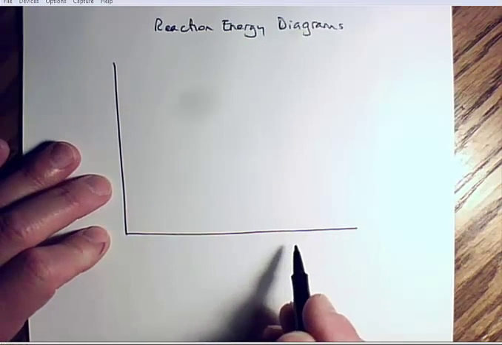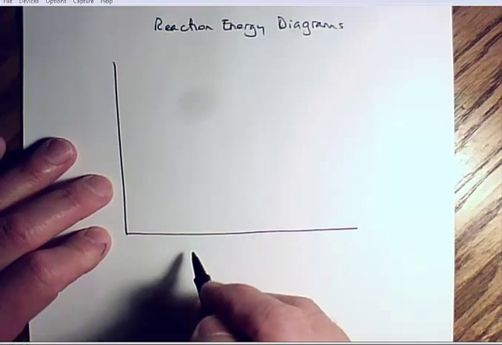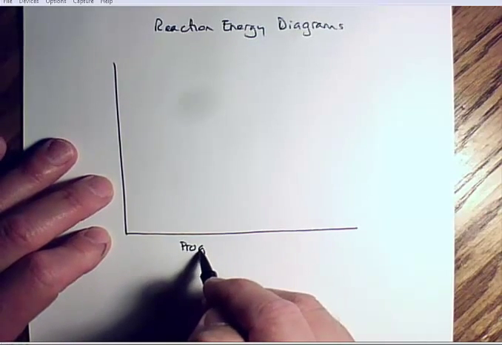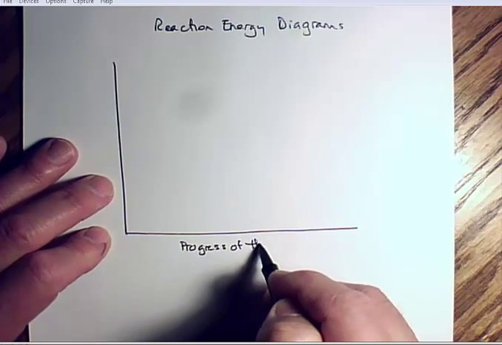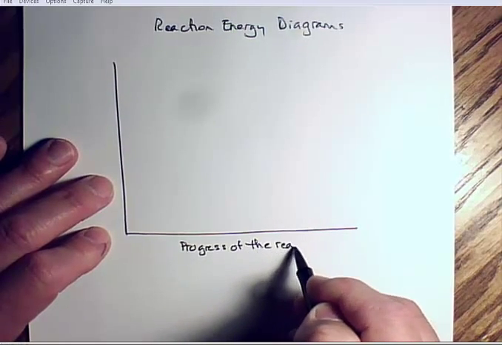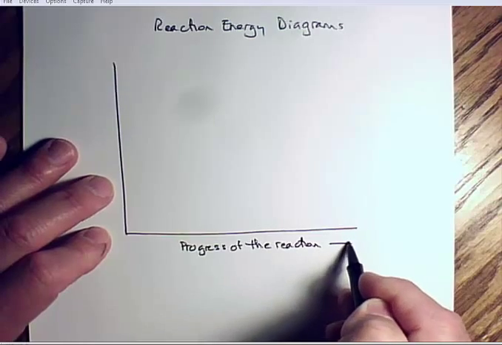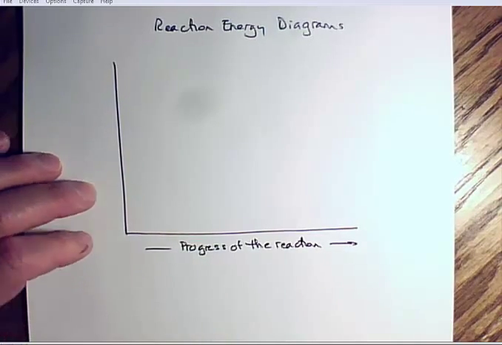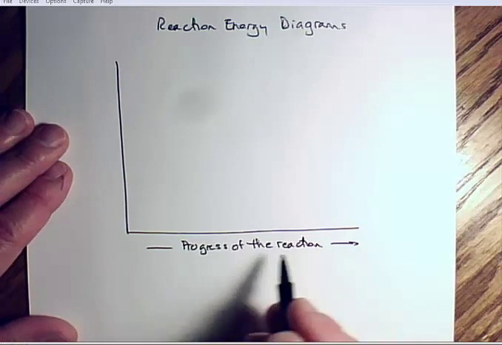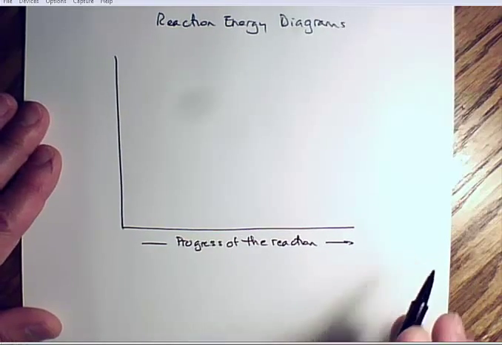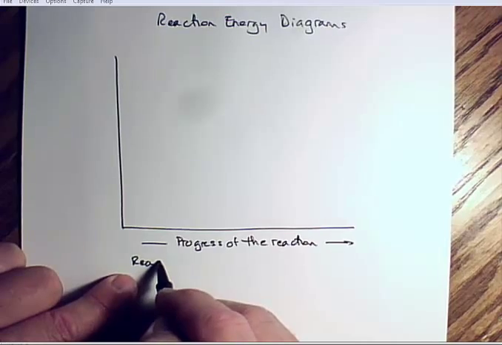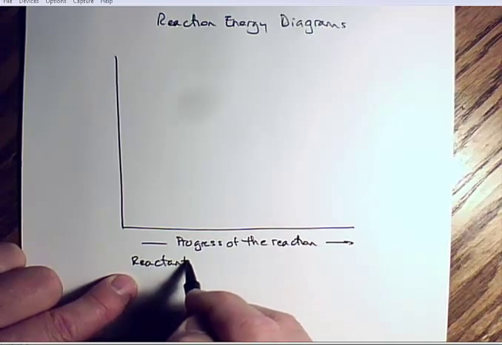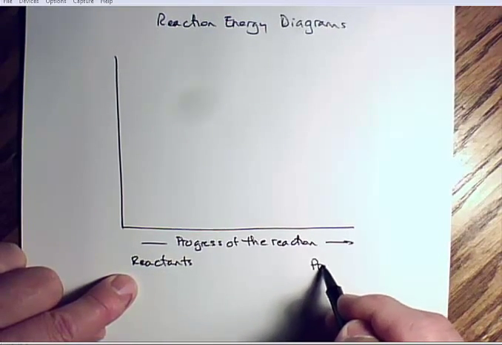You with me? So what we're going to look at down here is the progress of the reaction. Okay, progress of the reaction. This is any kind of chemical reaction here, and we're going to look at one kind of reaction and then another class of reaction. So if this is the progress of the reaction, then on the left side over here we'd have reactants, and over here we're going to have products.